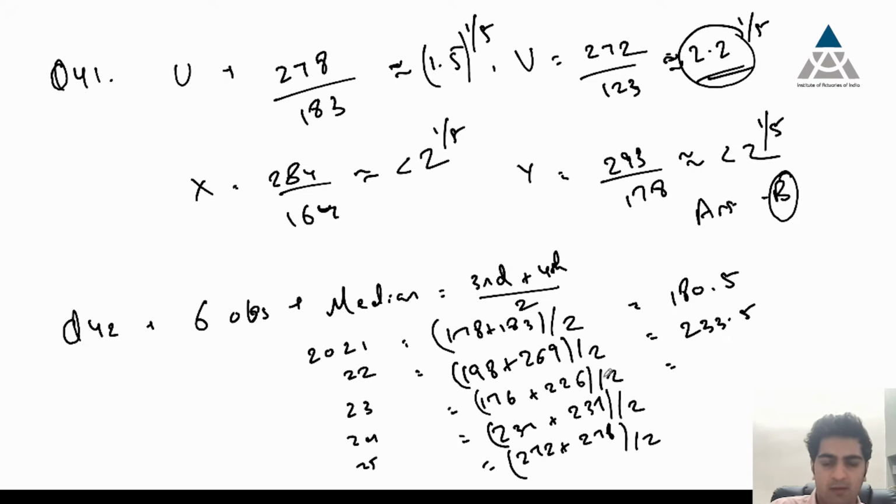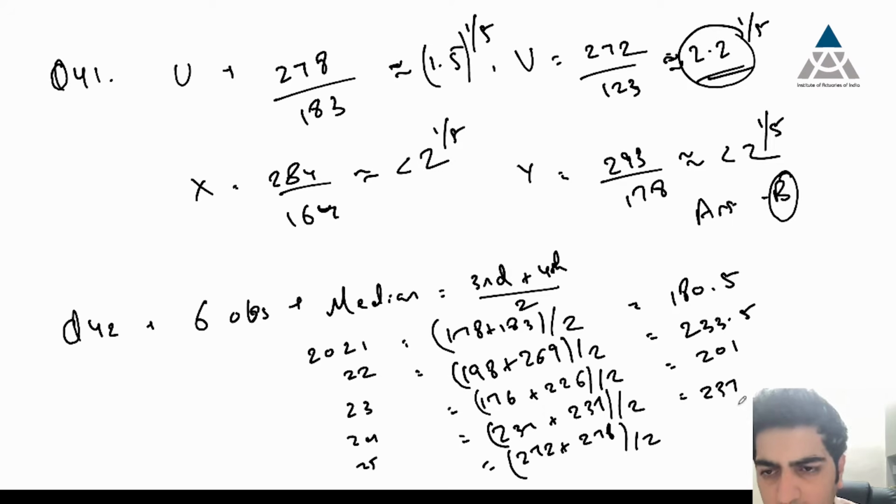Then this one, 176 and 226, it's quite straightforward. I think it should be 201. Here you have 237, so that's simply 237. And finally you have 275. So I just calculated all of this off the top of my head. I would suggest you use a calculator, just to avoid any complications.